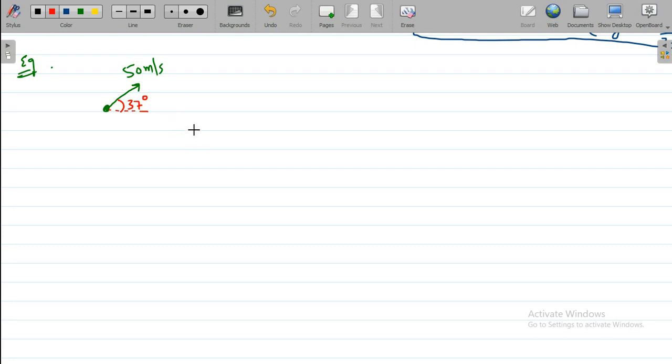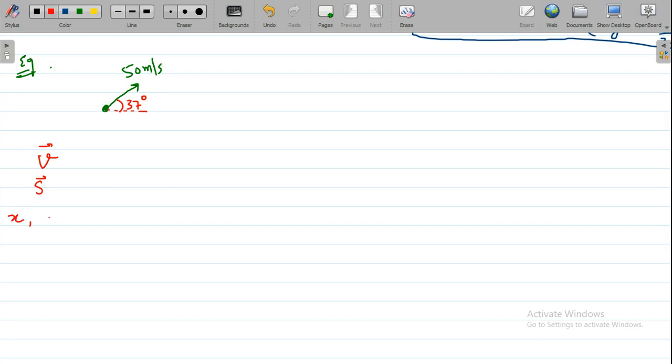Question is, find velocity, displacement, and coordinates of the particle, x coordinate and y coordinate of the particle with respect to starting point after 2 seconds.